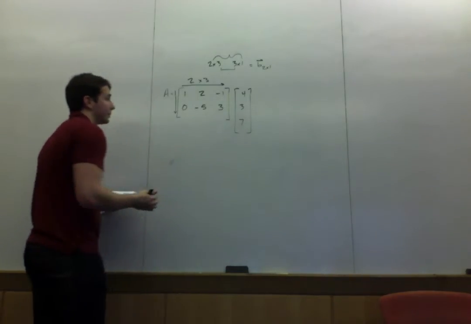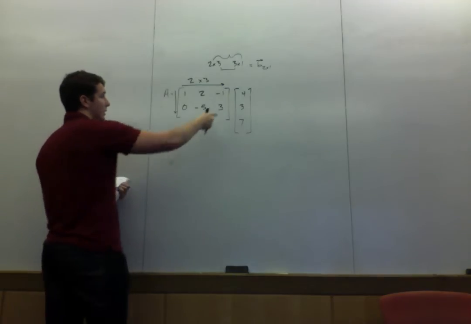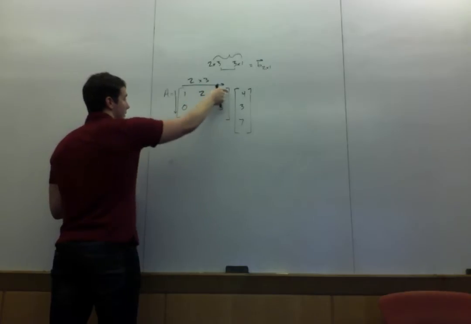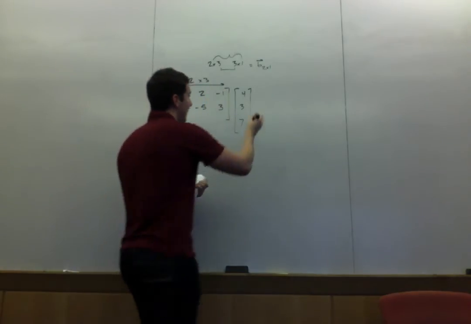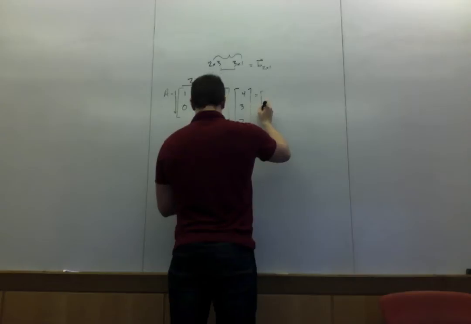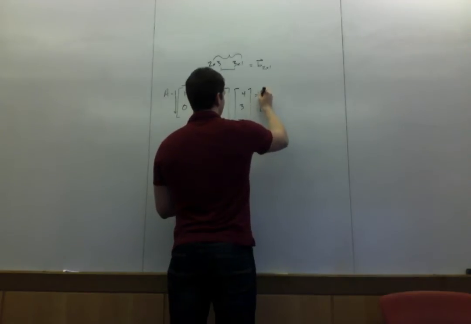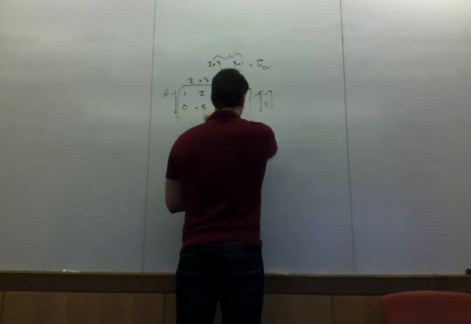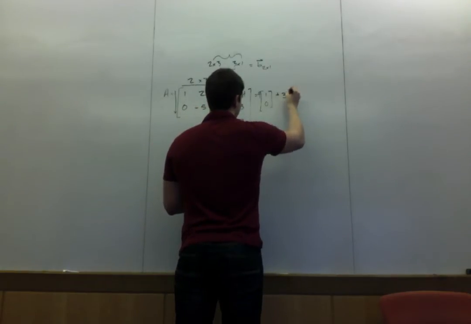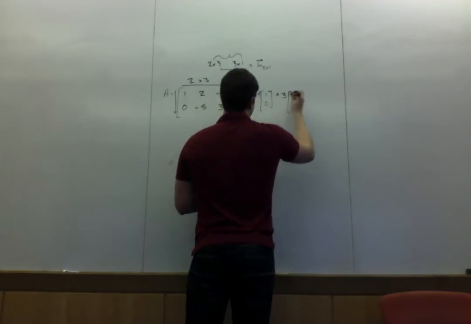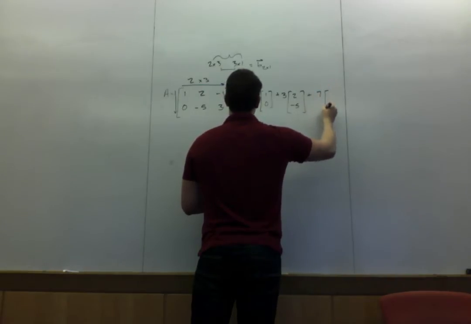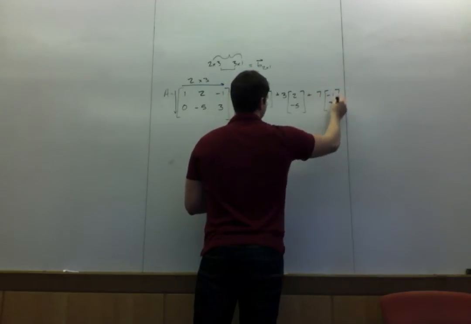Multiplying this through, we essentially want to take each of these individual elements and multiply them by the columns of A. So we're going to have 4 times (1, 0) plus 3 times (2, -5) plus 7 times (-1, 3).